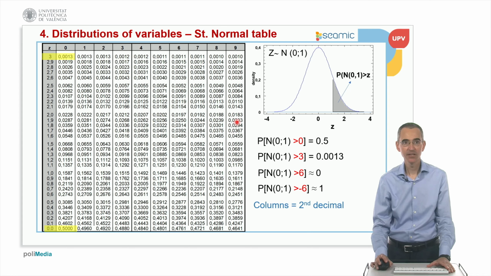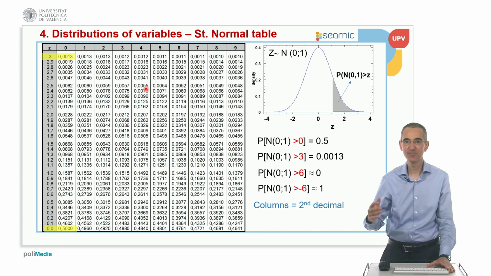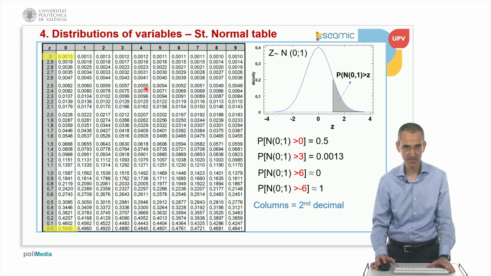Okay, so the values in the first column are just the probability to be bigger than the value that we have here. But we have more columns. So what is the purpose of having so many columns? Well, they correspond to the second decimal. For example, what is the probability to be bigger than 1.53?